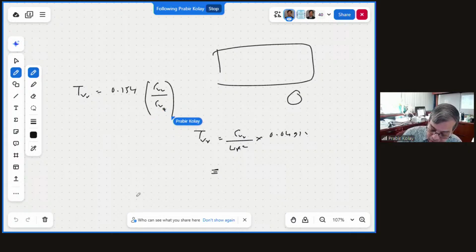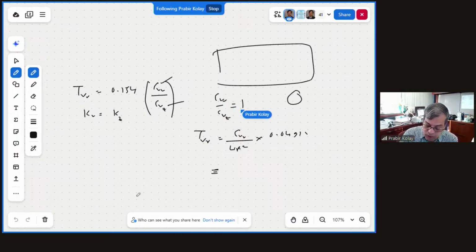This is for the radial, this is for the vertical direction. Now for isotropic soil, K radial and K vertical, or KZ in the vertical direction, are the same. So in that situation, CVR by CVZ is equal to 1.